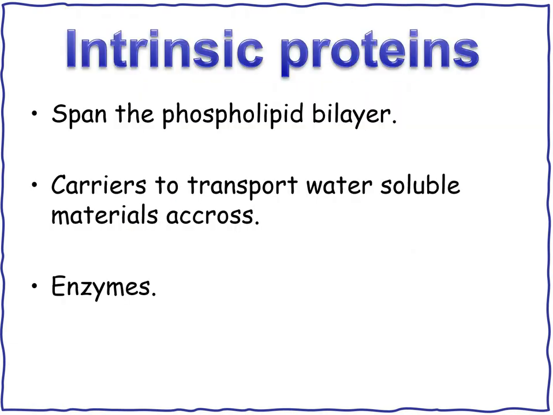So intrinsic proteins are ones that span the phospholipid bilayer, and they are carriers to transport water-soluble materials across. And also they can be enzymes such as the ATP synthase enzyme, which is found in the inner mitochondrial membrane called the cristae.